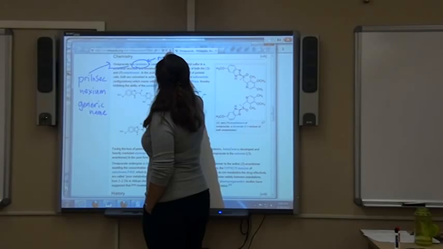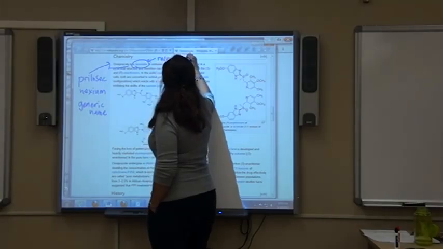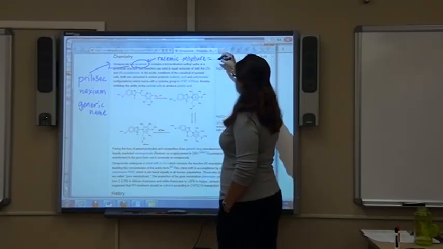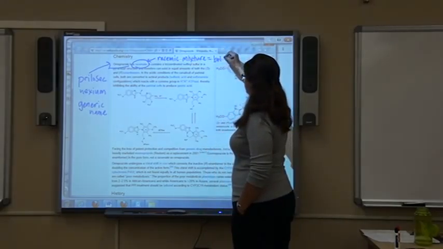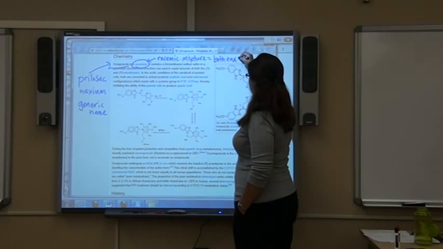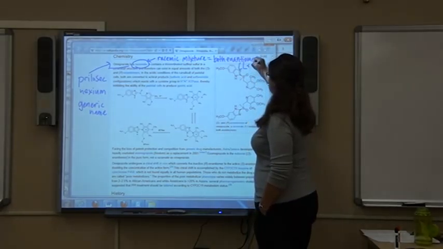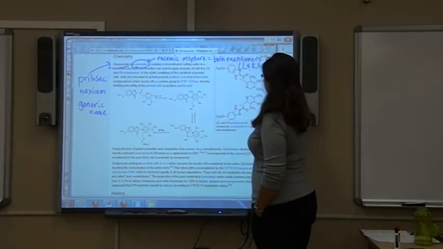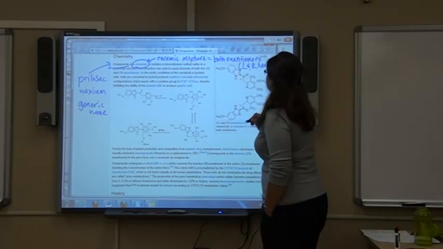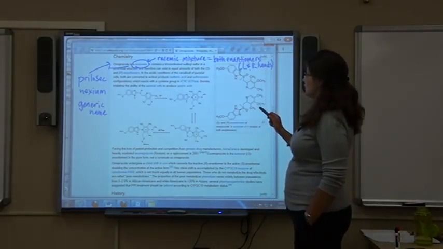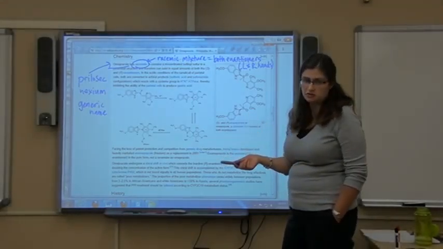Racemate is another word for a racemic mixture, which is a mixture of both enantiomers of a compound. This is like saying that you have a mixture of right and left hands. Omeprazole is a racemate, or a racemic mixture.